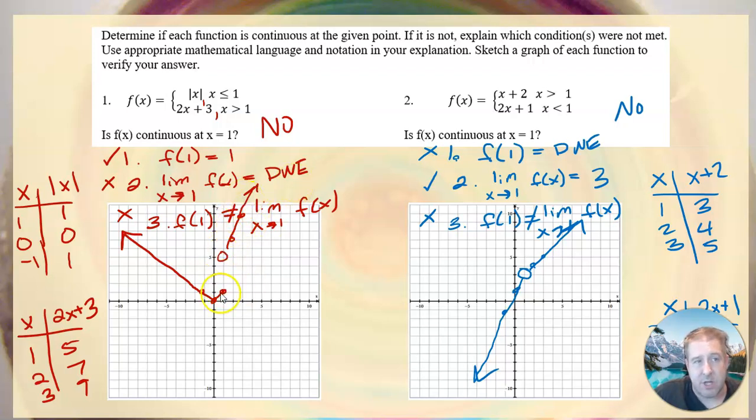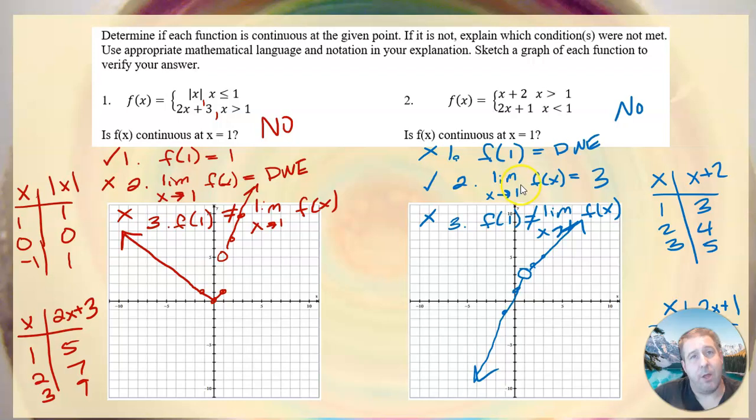No. Clearly there's a jump discontinuity, and we'll get more into that later when we talk about ways that functions can be discontinuous. But for right now, clearly the left and right hand sides are approaching 2 different heights. And then step number 3. Is the limit the same as the value? Well, the limit doesn't exist, so it cannot be the same as a number. So we just say that f of 1 does not equal the limit. There's lots of ways you could write this, as long as you're writing it in a way that makes sense.